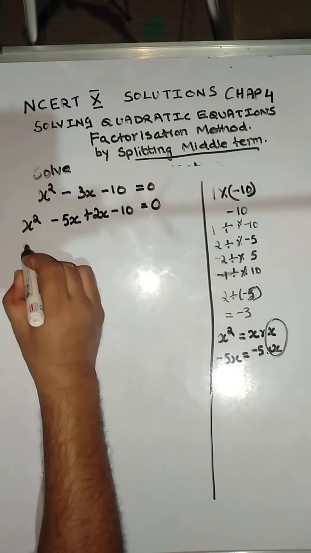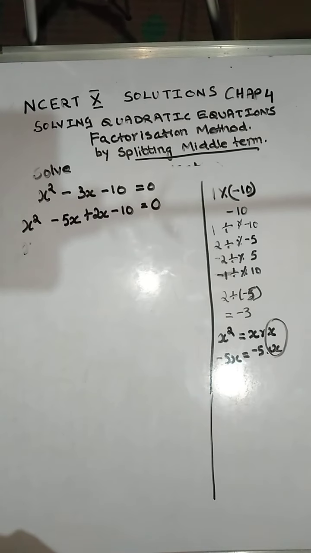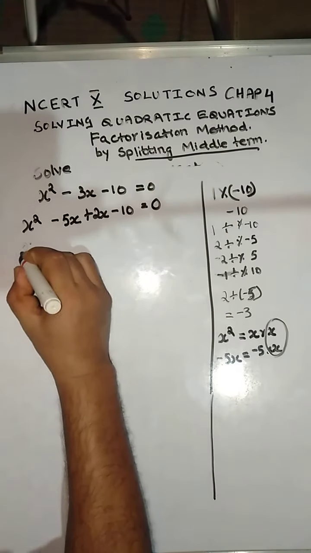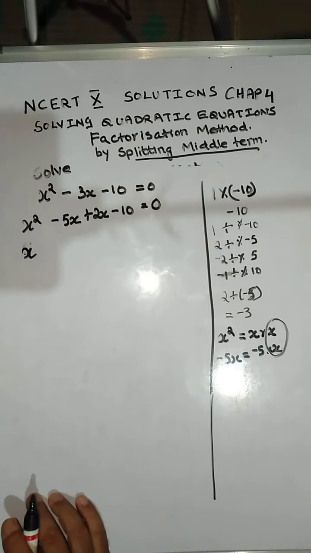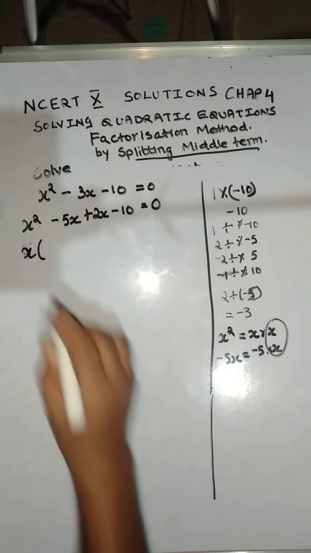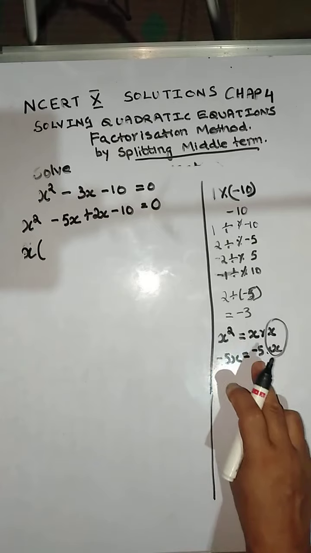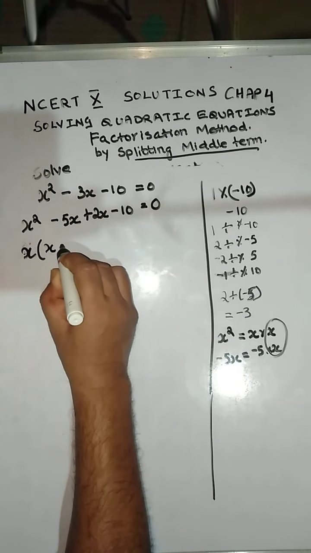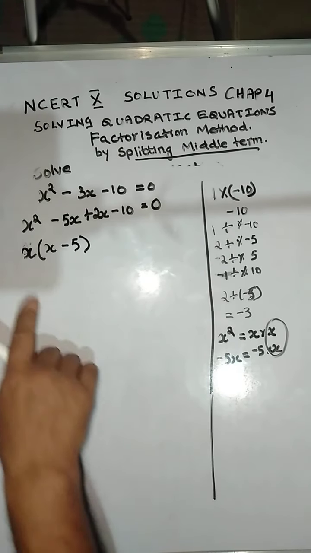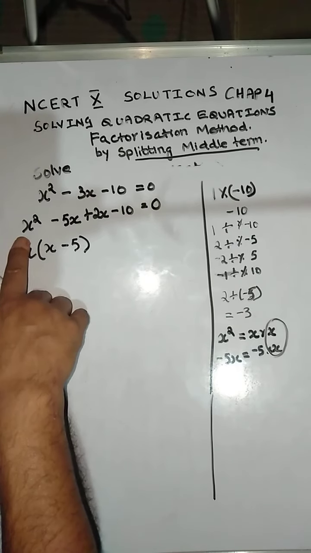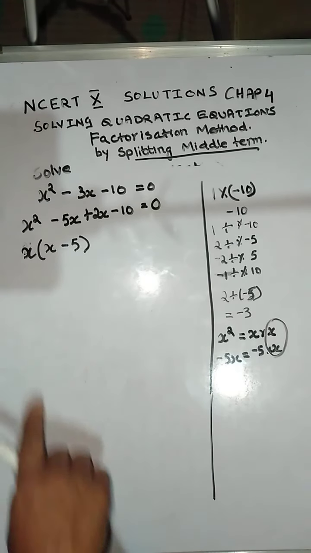So we take out x here, and then we put inside what is not common. And what is not common is x and minus 5. Now you will see clearly that x into x is x squared, x into minus 5 is minus 5x.